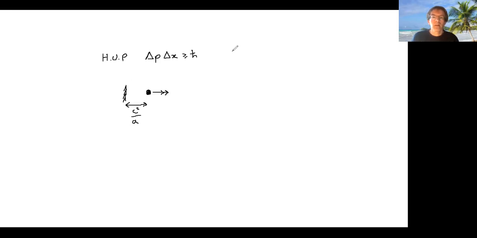So we can write immediately that delta p times c squared over a is greater than or equal to h bar. Okay, so straight away we can say that delta p is greater than or equal to h bar a over c squared.